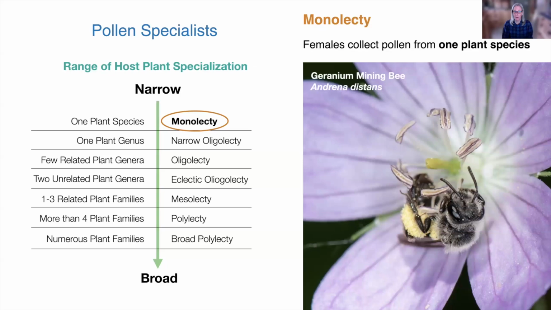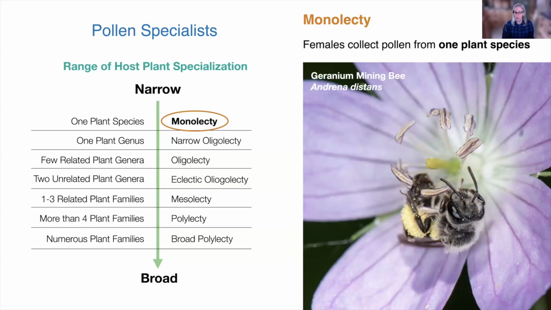And then the most narrow specialization are monolectic bees. This example applies to Minnesota. This is the geranium mining bee, Andrena distans, and she just collects pollen from one geranium species, Geranium maculatum.